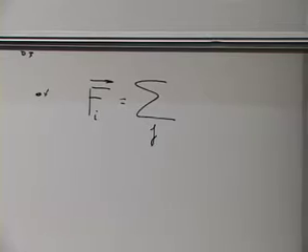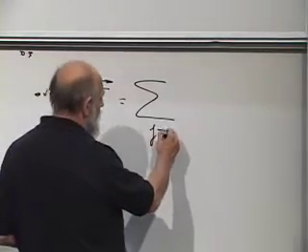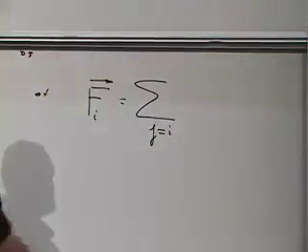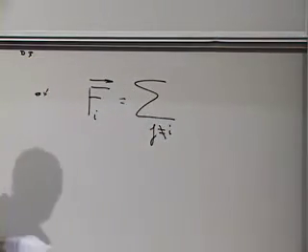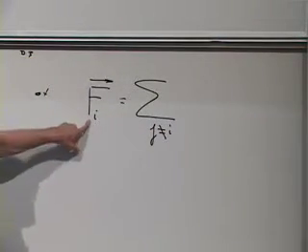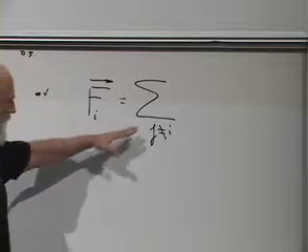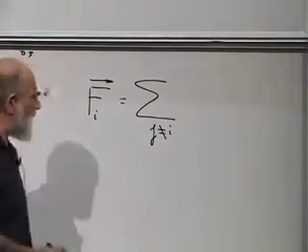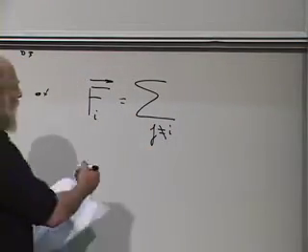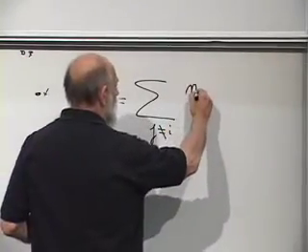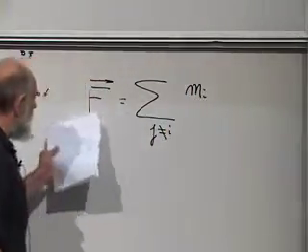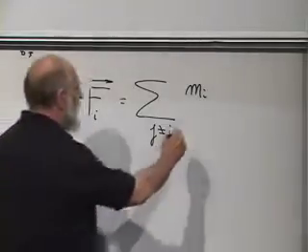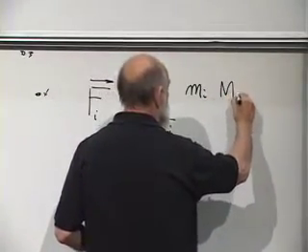Let's write that j not equal to i. That means it's a sum over all j not equal to i. So the force on the first particle doesn't come from the first particle. It comes from the second particle, third particle, fourth particle, and so forth. Each individual force involves m sub i, the mass of the ith particle, times m sub j, the mass of the jth particle.